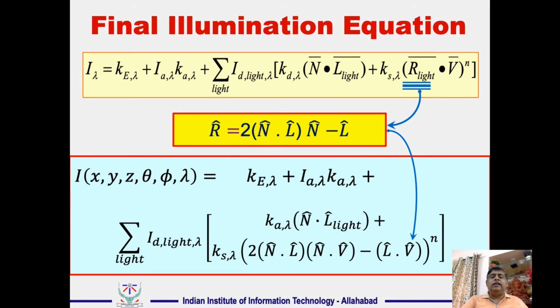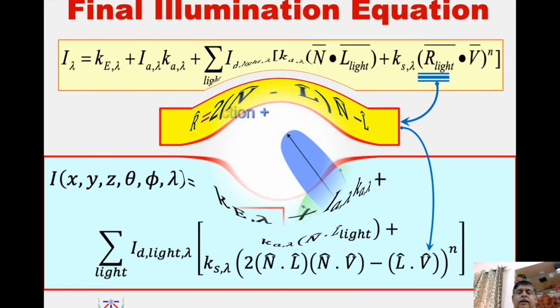As you see here, the term which is under the power n has changed by the second vector, and this gives the final illumination equation which we will use. The summation of light is due to multiple light sources that you will encounter.